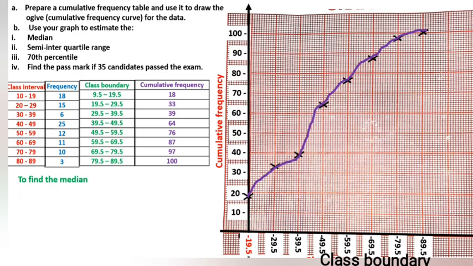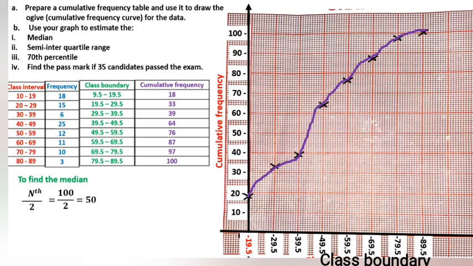The median is going to be located at the nth divided by 2 position on the cumulative frequency axis, or the vertical axis. So that's going to be equal to 100 divided by 2, which is equal to 50.